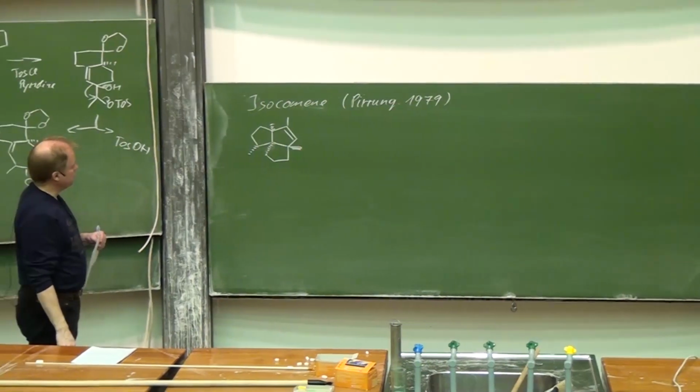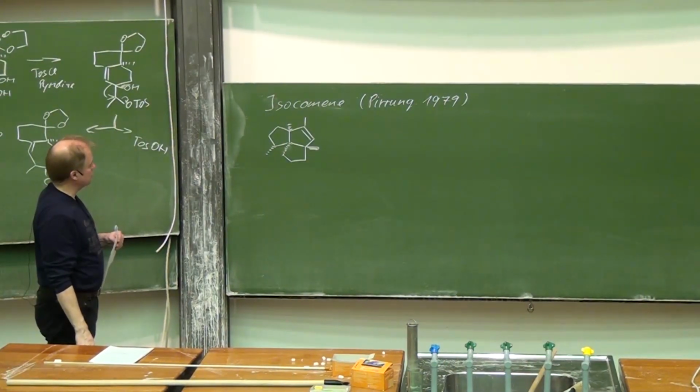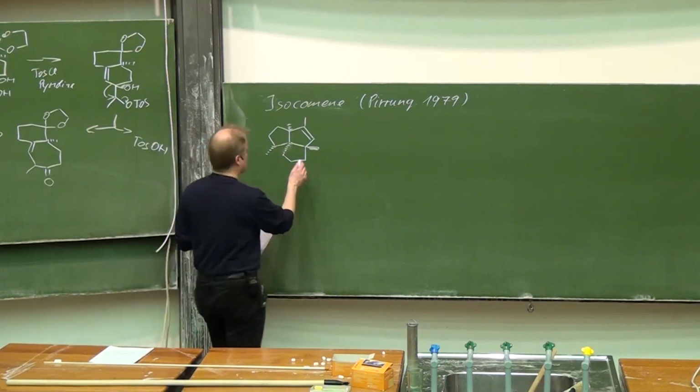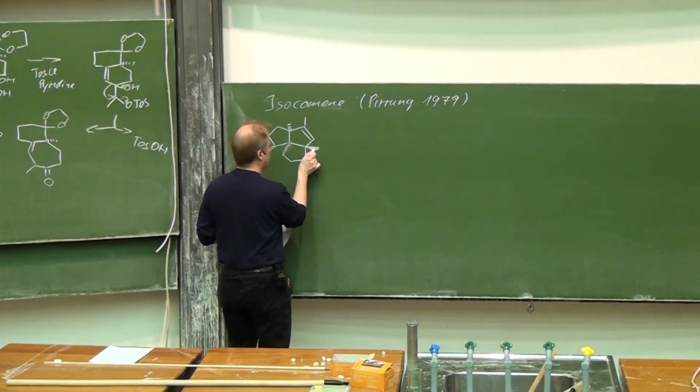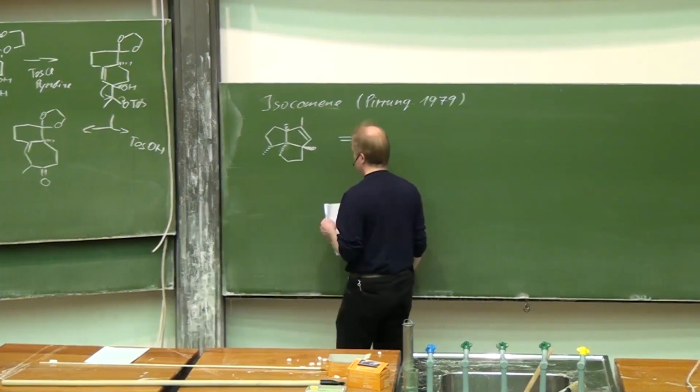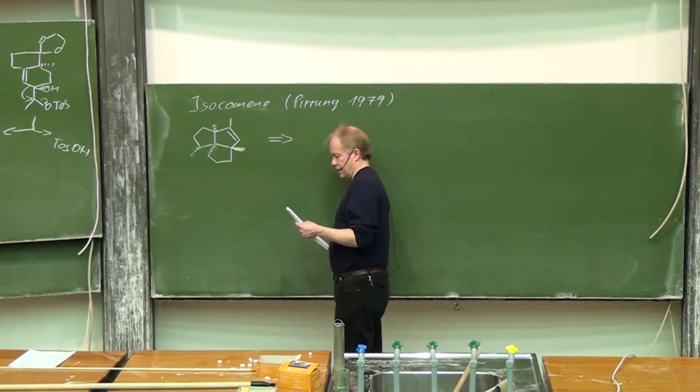So this is Isocomene, and this synthesis by Pirung is so renowned because it succeeded in a rather high overall yield. So, retrosynthetic analysis.